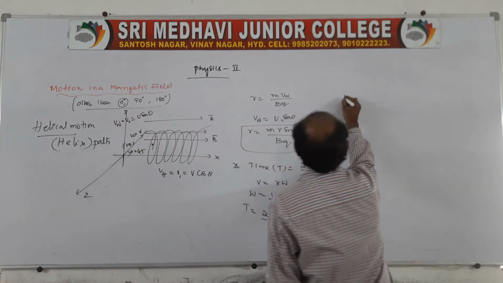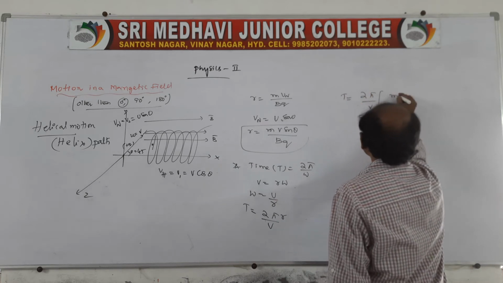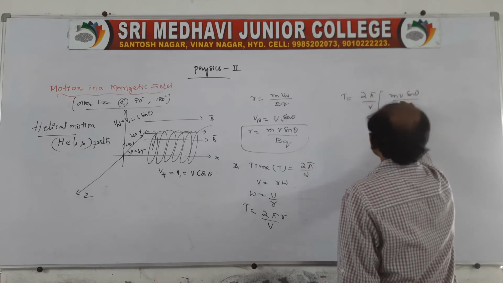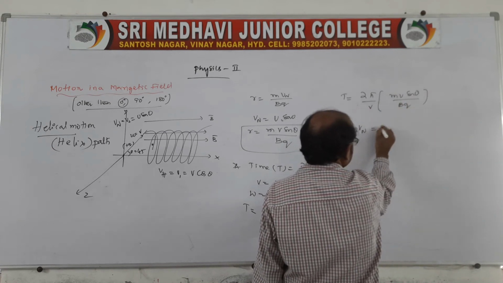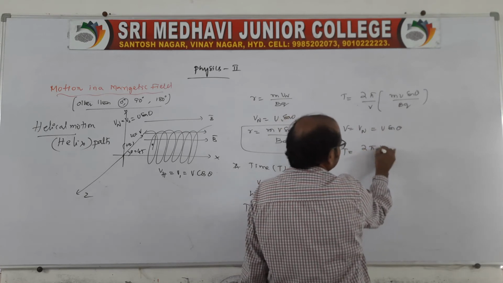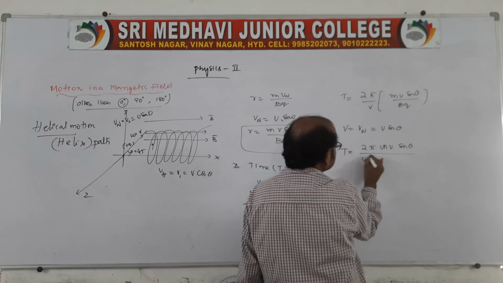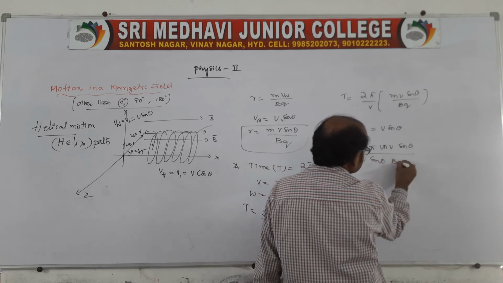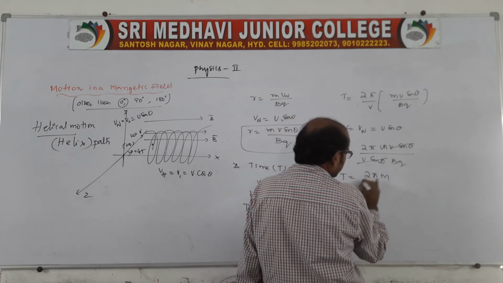Directly you write here T is equal to 2 pi by V into m V sin theta by bq, right? But V is again Vn, that is V sin theta. Better there you write 2 pi by V sin theta into m V sin theta by bq. So V sin theta is cancelled. T is equal to 2 pi m by bq.